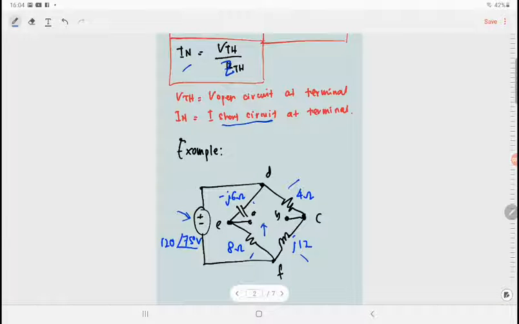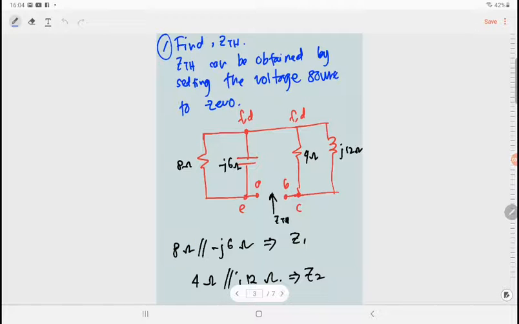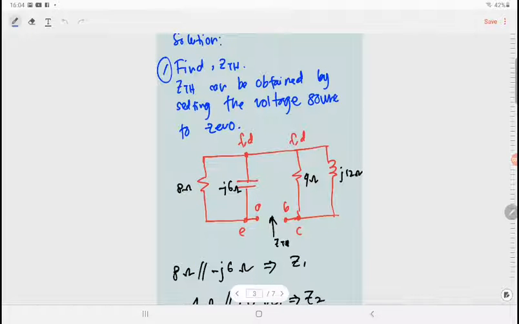In order to find the Thevenin equivalent circuit, we need to find the value of VTH and also ZTH, right? So we start with finding the value of the Thevenin impedance, ZTH. ZTH can be obtained by setting the voltage source to 0.